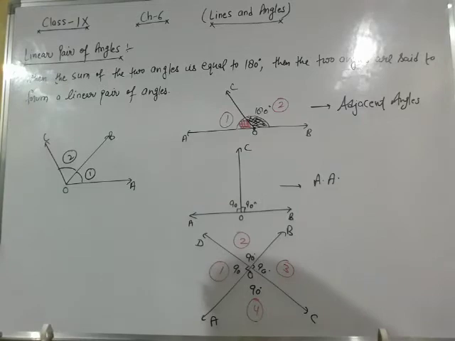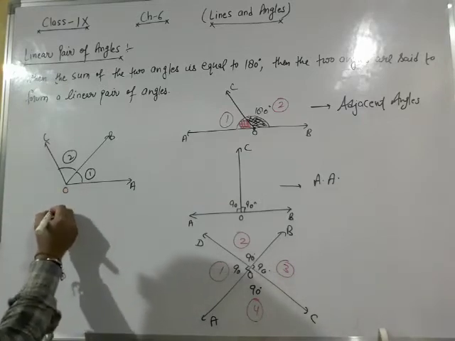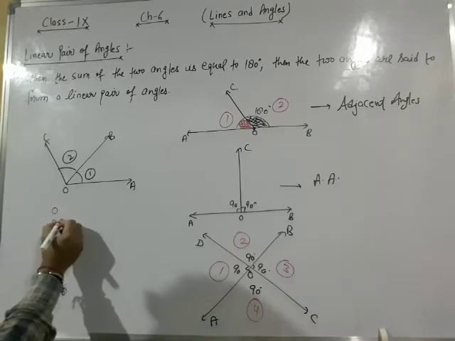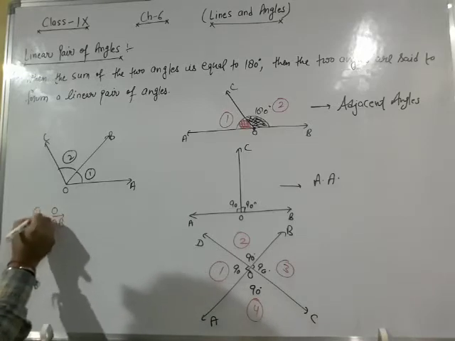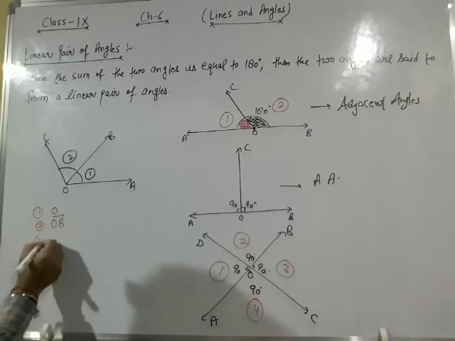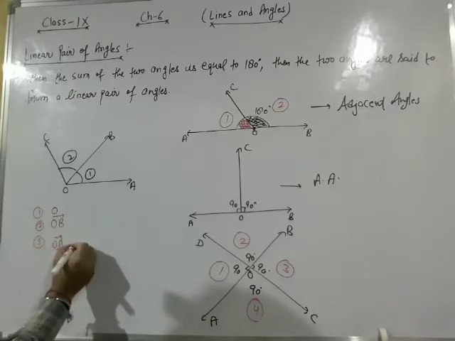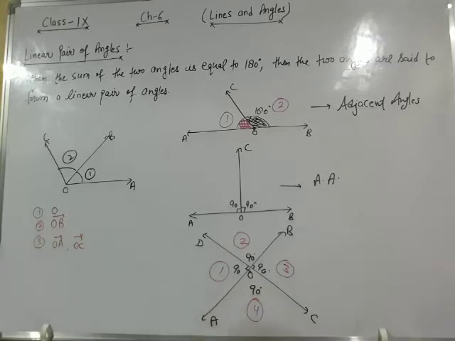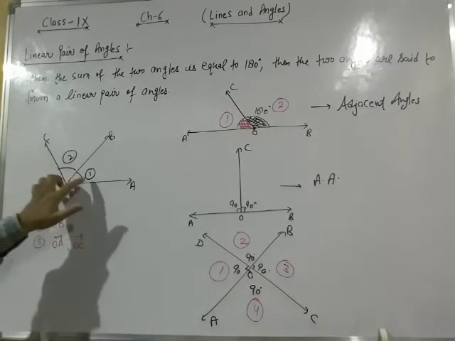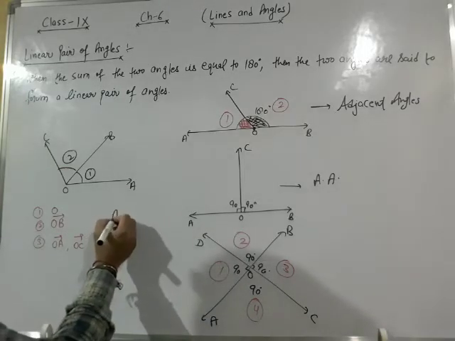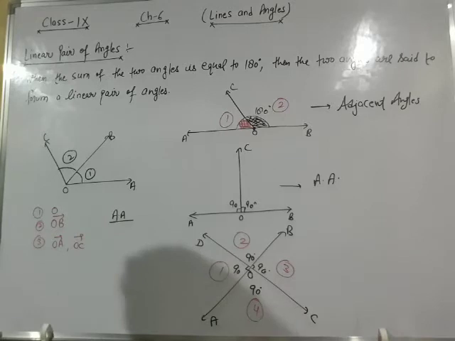One common vertex, this is O. One common ray, that is OB, and non-common arms are in opposite directions, OA and OC. So all three properties are satisfied. Therefore, we can declare that angle 1 and angle 2 are adjacent angles.